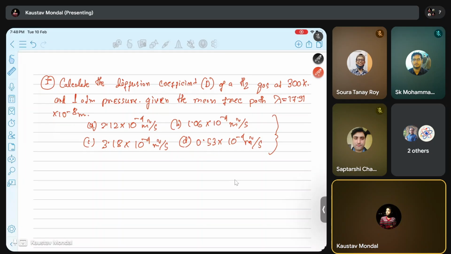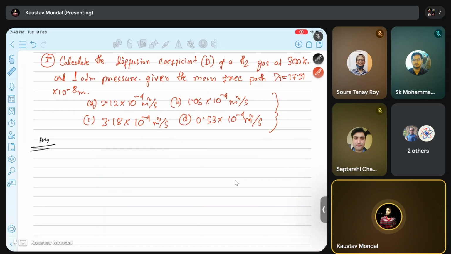Now, basically in the problem, lambda is given, that is 17.91 into 10 to the power minus 8 meter. Temperature is given, that is 300 Kelvin.